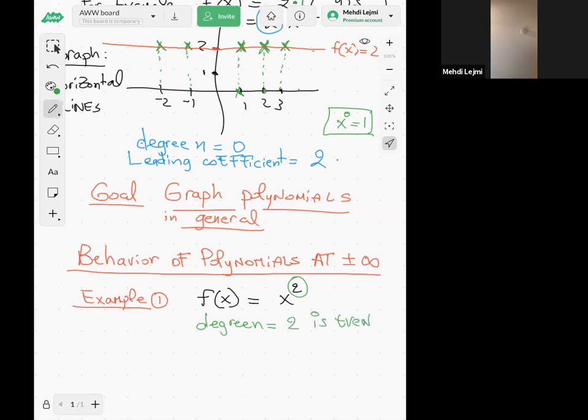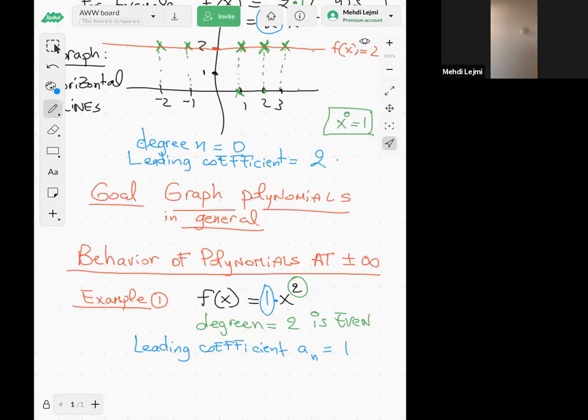And my leading coefficient, since this is 1 times x squared, a subscript n is 1.